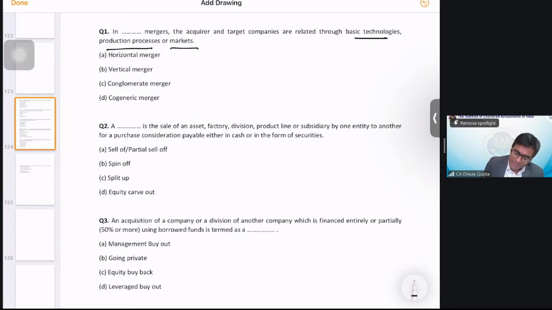So we can always say horizontal was between the same industry, right? Vertical was forward and backward integration, buyer-seller relationship. Conglomerate, two unrelated businesses, and congeneric merger, something in common, right? So what is the right answer, students? 1A, B, C, or D? Come on, students.